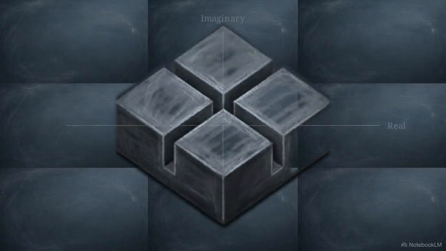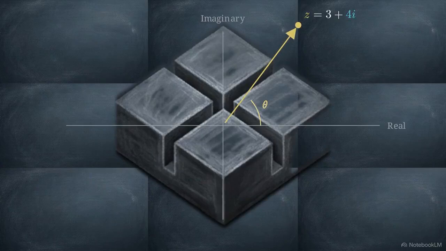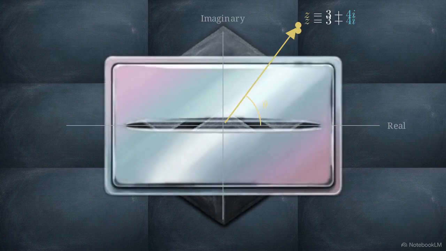We also have an operation to instantly mirror any coordinate across the real axis. It is called the complex conjugate, written as z with a superscript star. By flipping the sign of the imaginary coefficient from plus 4i to minus 4i, the coordinate reflects downward. The geometric result of this conjugate is that it reverses the direction of the angle.